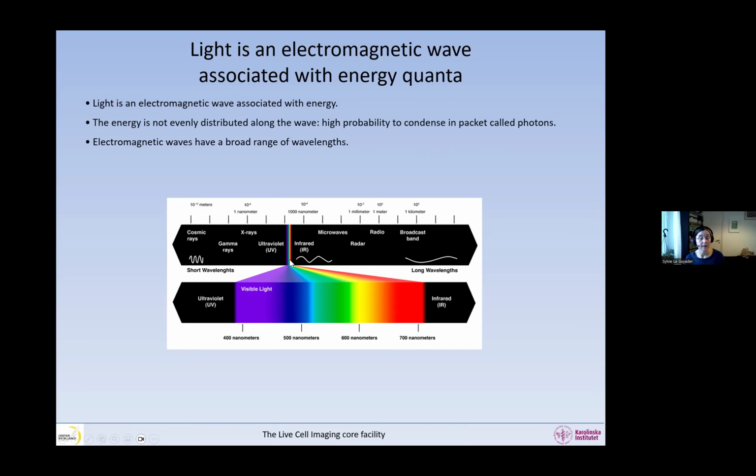And so what we can see is that if you think about cosmic rays, gamma rays, X-rays, these are very damaging for us. If we get exposed to X-rays and gamma rays, this is very dangerous, right? Even UVs. But radio waves and the broadcast waves, they go through us without us realizing. They go through buildings, so they can travel. They are very long waves.